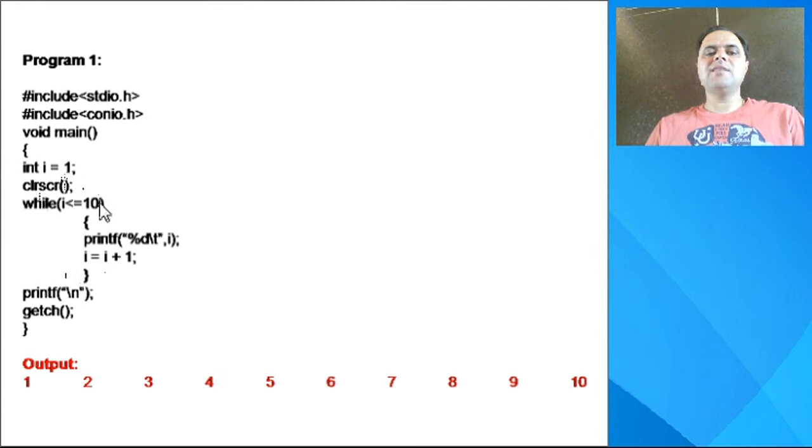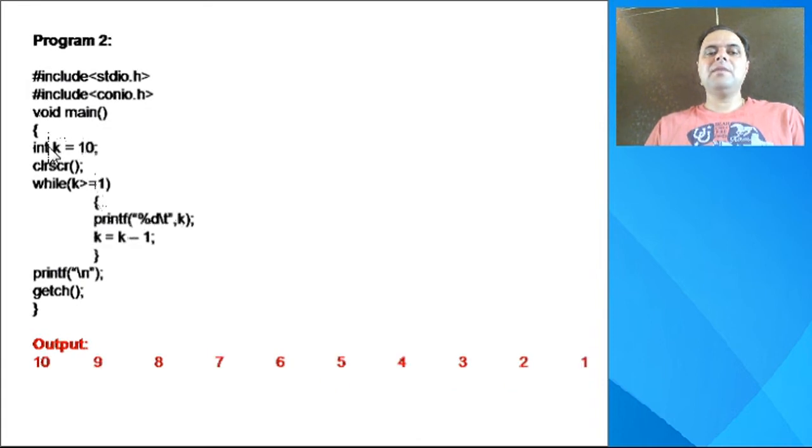Again 2 is less than 10, 2 got printed and the value of I becomes 3, 3 is less than or equal to 10, and 4 and 5 and 6 and 7 and 8 and 9 and 10. 10 got printed, then I is incremented, I becomes 11. Whether 11 is less than or equal to 10? No, the condition becomes false, so it will go outside the loop and print a new line and getch. So this will be the output of this program.